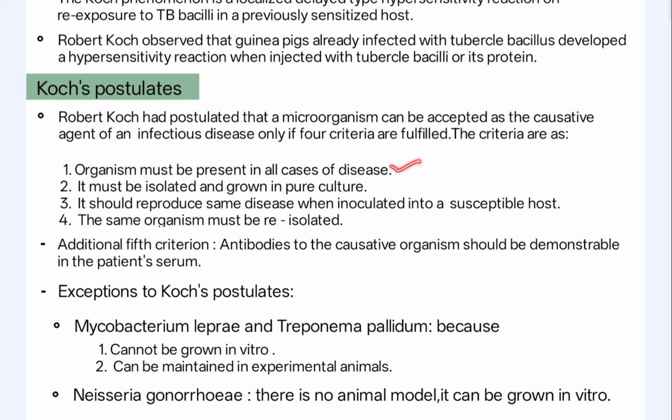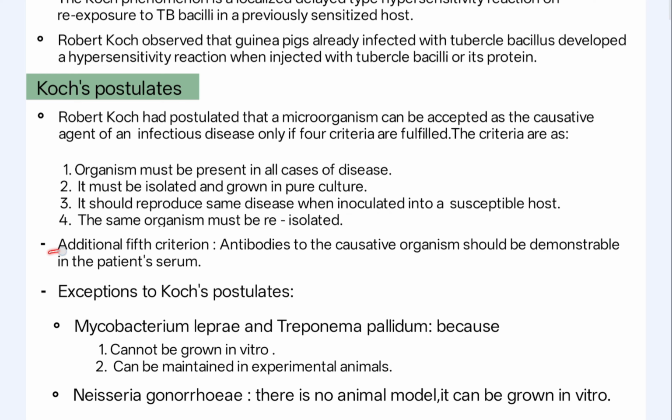The causative agent will be strongly associated with all cases of the disease, and it must be isolated and grown in pure culture, and it should reproduce the same disease when inoculated into a susceptible host. And fourth is the same organism must be re-isolated. So these are the four points. According to that we will decide the causative agent of an infectious disease.